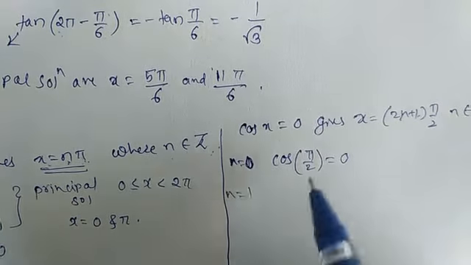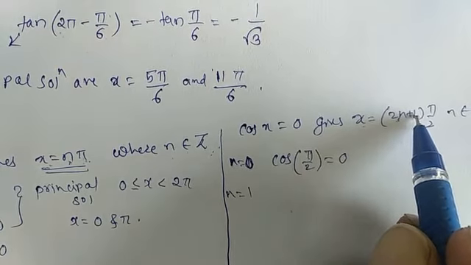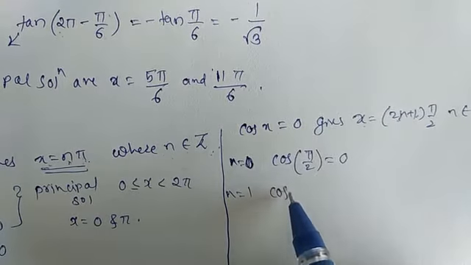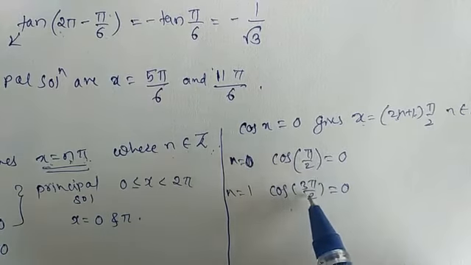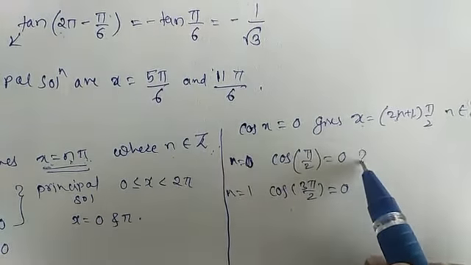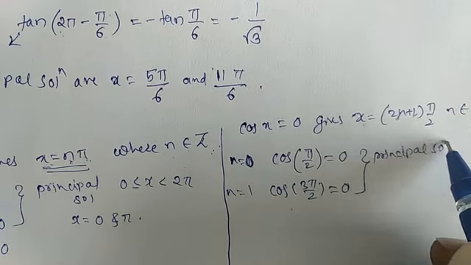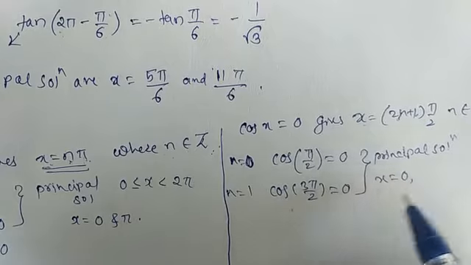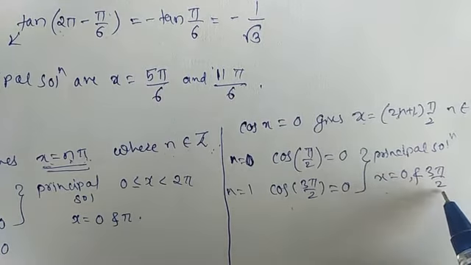For n is equal to 1, it will be 2 plus 1, which is 3, so cos of 3 pi by 2 is equal to 0. So for this, the principal solution is x is equal to pi by 2 and 3 pi by 2, which lie in the interval 0 to twice pi.